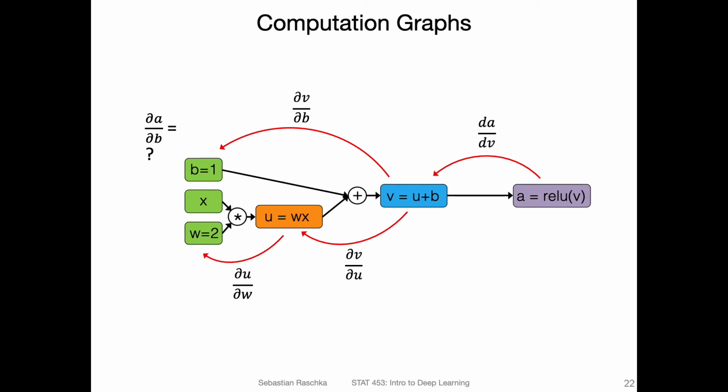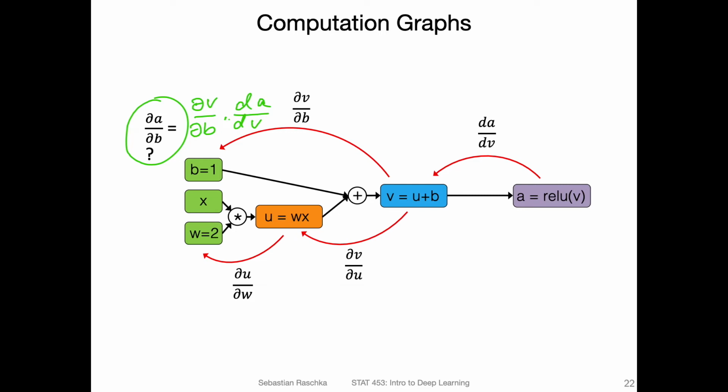What's so nice about a computation graph is that we can do it step by step. For each computation, we can backtrack and annotate our graph, and then put everything together. If we're interested in the derivative of A, the output, with respect to the input, we just need to use the chain rule. So we can write this as dA times dV.